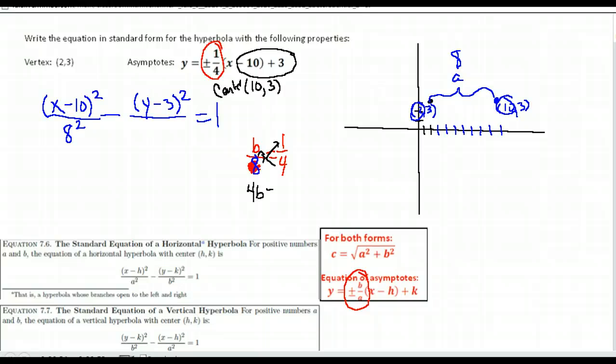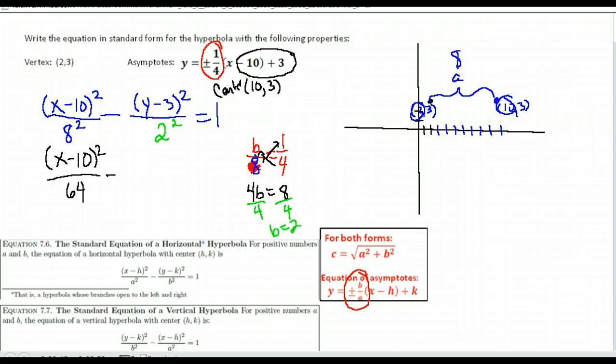Cross multiply, and I get 4b is equal to 1 times 8, which is 8. Solve for b, I'm going to divide both sides by 4. And I find that b is equal to 2. Okay, so my b squared here would be 2 squared. And I can go ahead and finish that off. x minus 10 squared over 64 minus y minus 3 squared over 4 is equal to 1.